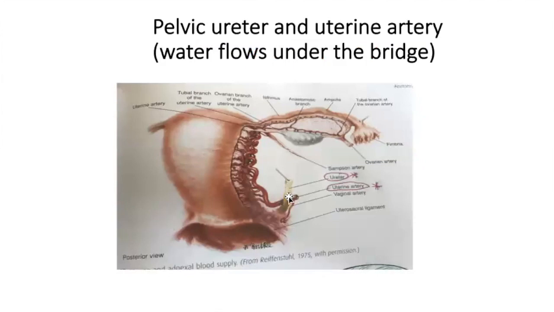That is, it courses underneath the uterine artery, and the vaginal artery, which is a branch of the uterine artery that drops off and supplies the vagina prior to the point where the uterine artery crosses over the ureter. It's particularly important to understand this relationship, because if not, during the surgical procedure, the ureter can be damaged.